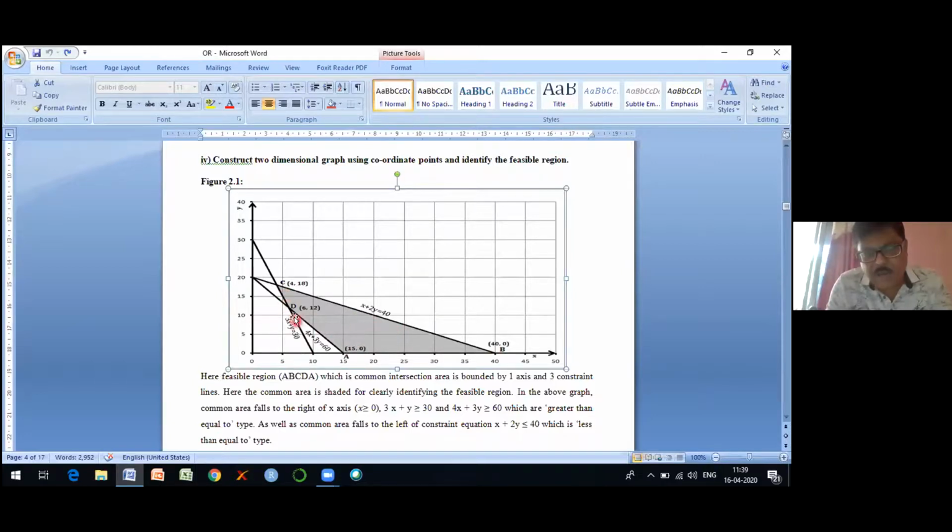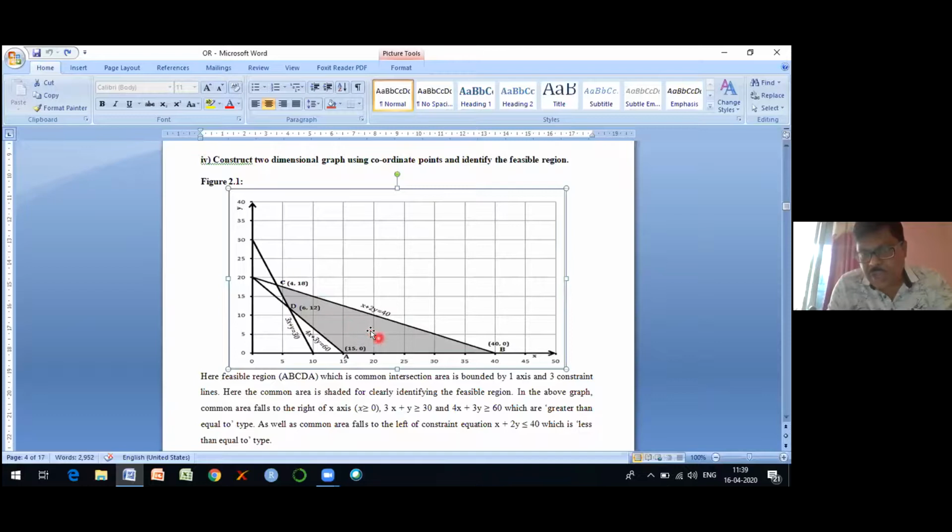And here we will take only the intersection point D and the intersection point C. Therefore, in this problem, the feasible region will be A, B, C, D, A. So this region is called the feasible region.